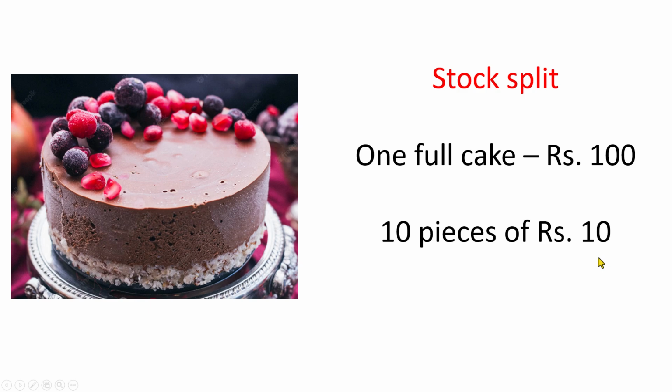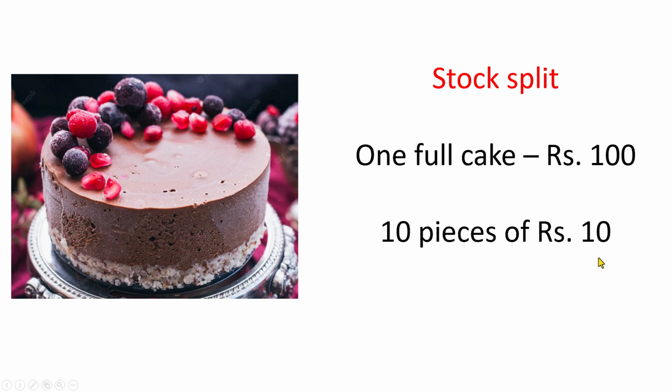Now I am able to buy it. I can afford 10 rupees and I want only one piece. If someone else can afford 20 rupees and if they want only two pieces, they can buy that too.